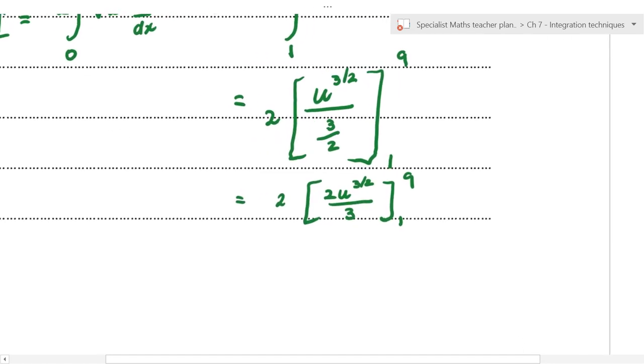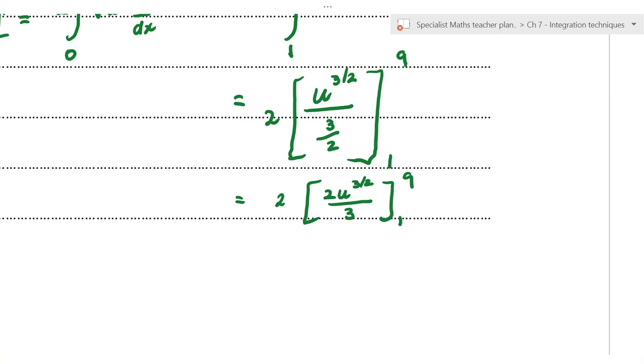Isn't that wonderful? If I really wanted to, I could take the 2/3 out the front too, couldn't I? I could make my life much easier, and I could make that 4/3, and I could make that u to the power of 3 over 2 to the power of 9 and 1.